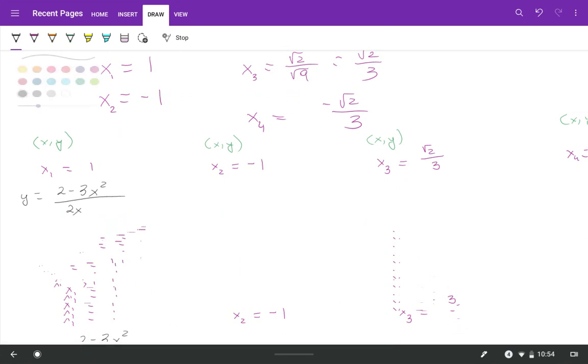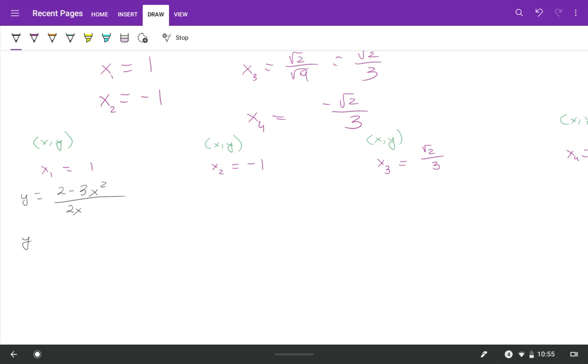So we'll have the first, I will just label that so we know which x matches with which y. So x with index 1, y with index 1 will be equal to 2 minus 3, I'm replacing x with 1, so I have 1 to the second power divided by 2 times 1.